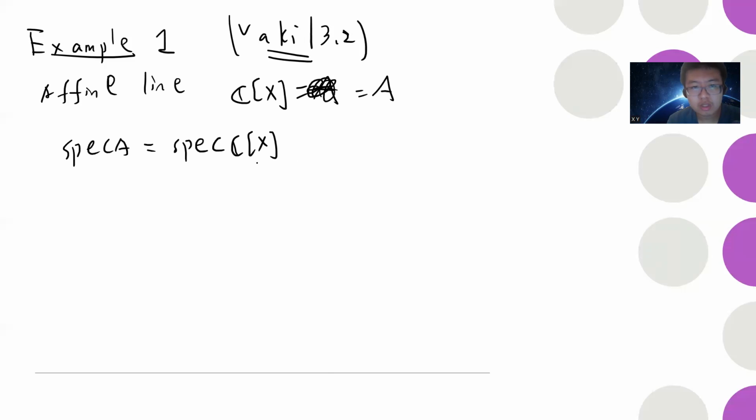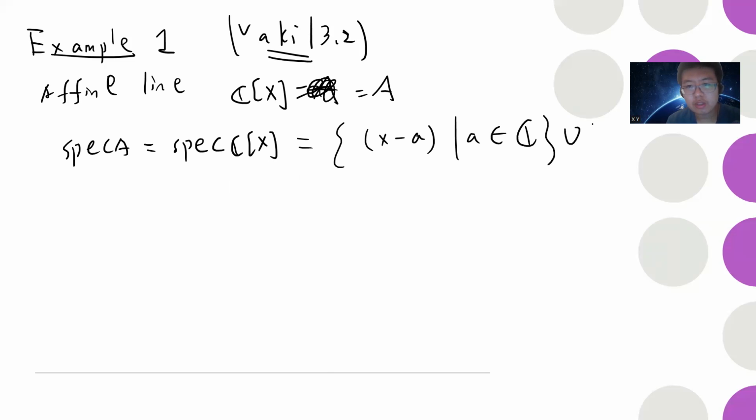By definition, we ask for the prime ideals of this polynomial ring. The prime ideals of the polynomial ring are just generated by the irreducible polynomials of C[x]. By the fundamental theorem of algebra, C is algebraically closed, so basically all these prime ideals are generated by x minus a.